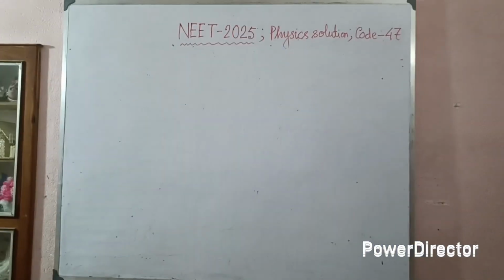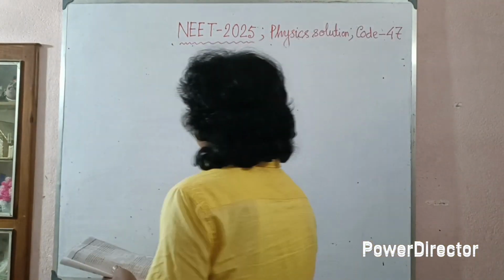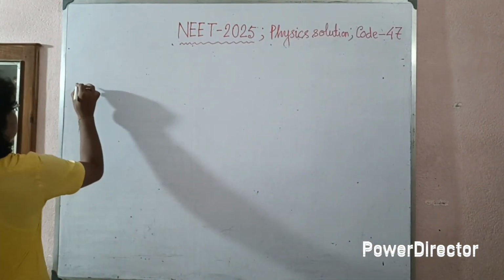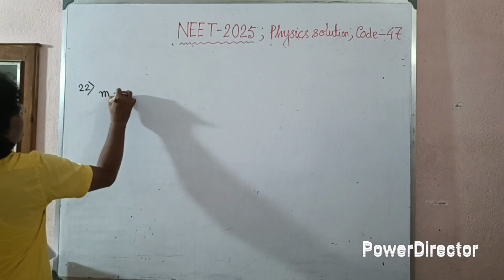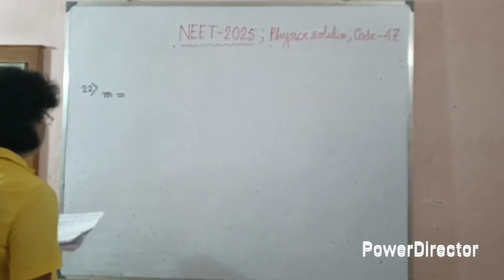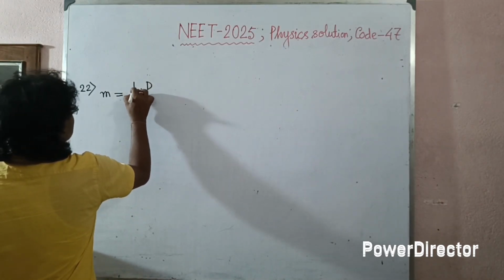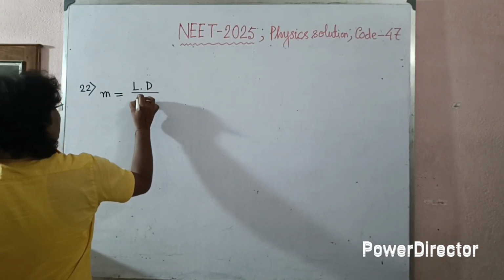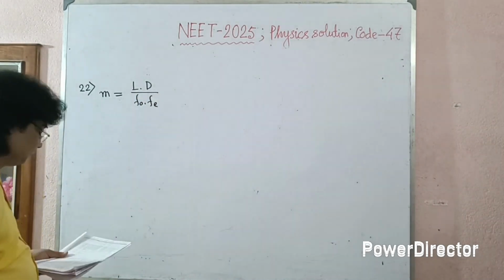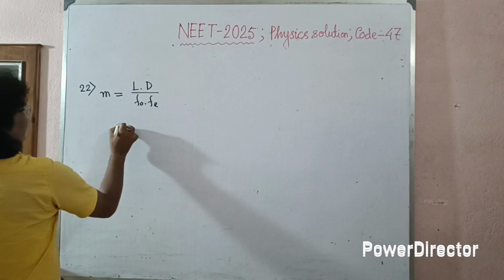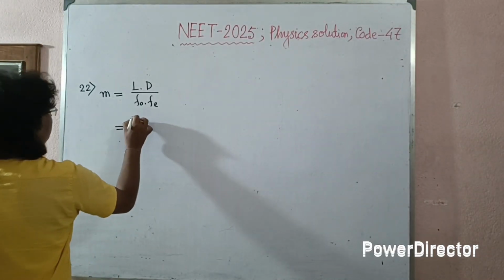So look, in this case, the magnification M of the microscope, normal formula, capital L D by F0 into Fe, where L is the length of the tube, which is given 40 cm.